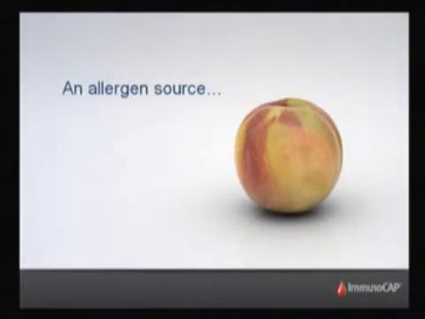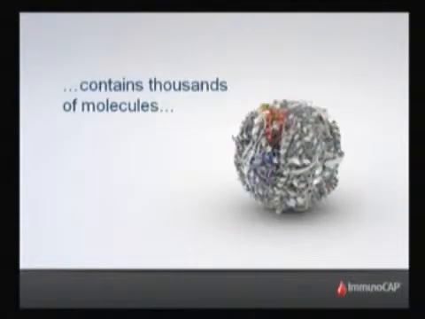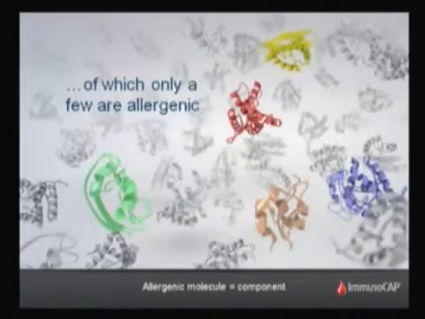And when we look at the source of an allergen, and you have one allergen source like an apple or a peach, then we know that this source contains thousands of molecules. Out of these thousands of molecules that you have there, very few are allergenic.